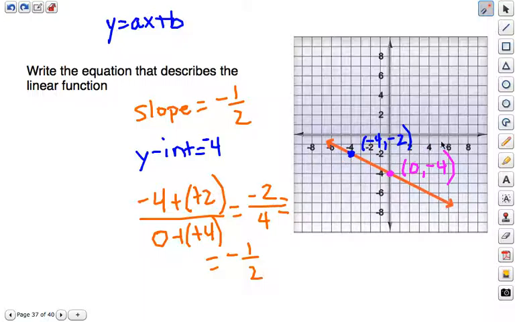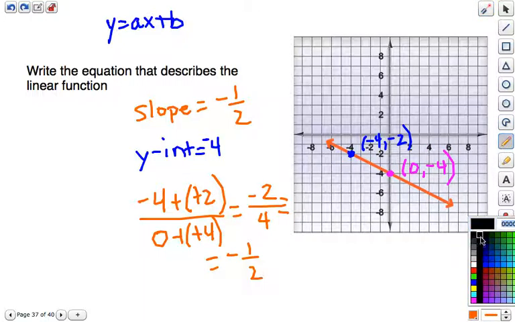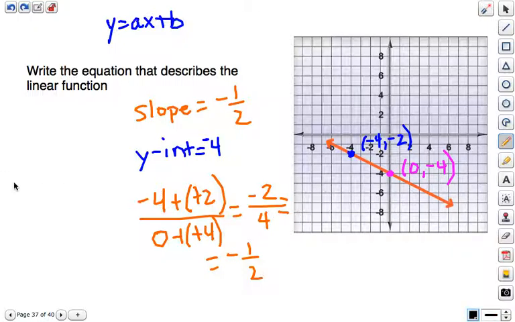So now we just need to write the equation in slope-intercept form. So y equals, my a is the slope, so negative 1/2 x plus, actually we could put plus negative 4 or simply just put minus 4.